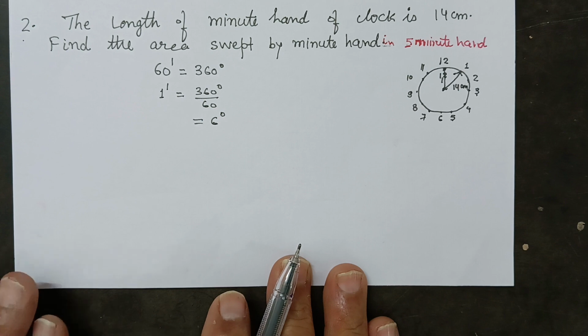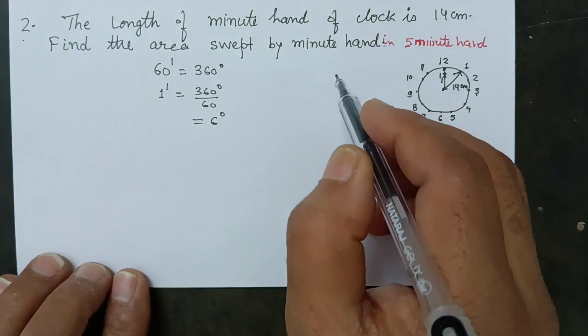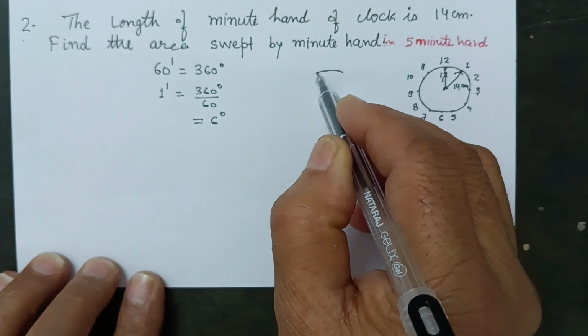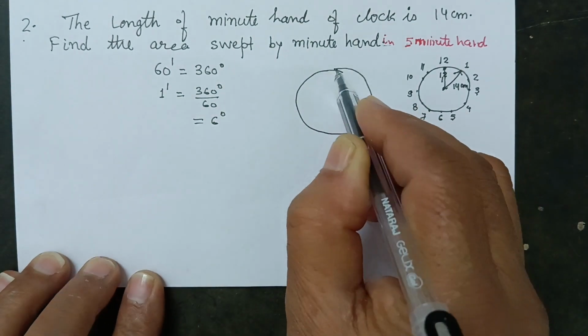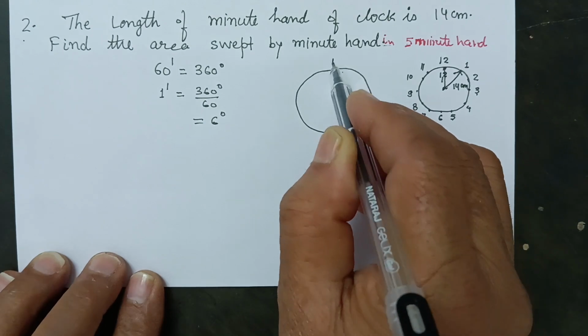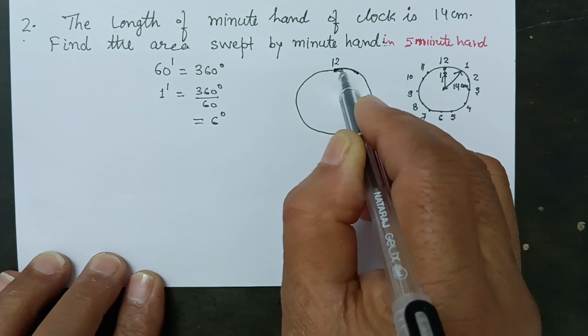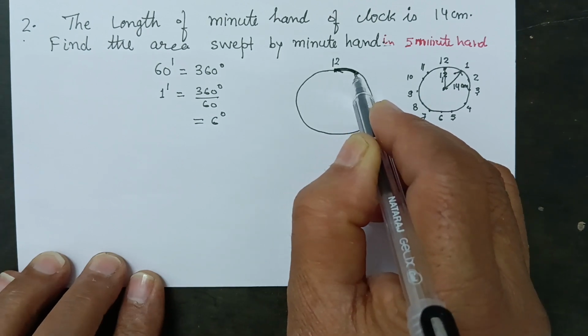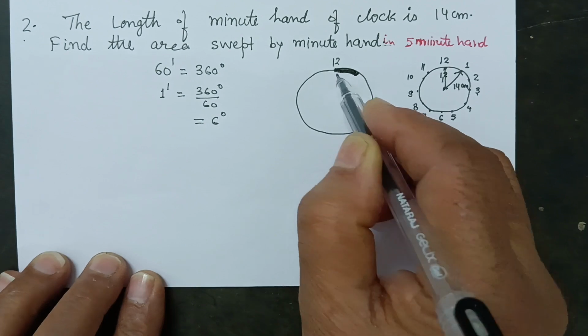We want to find the area swept in 5 minutes. It means it is the example of the sector. Suppose for example from this 12 to 1 there is the arc subtended due to 5-minute movement of the clock.